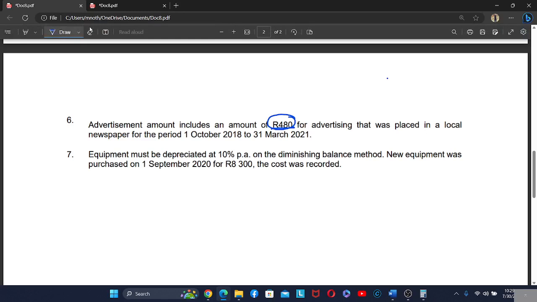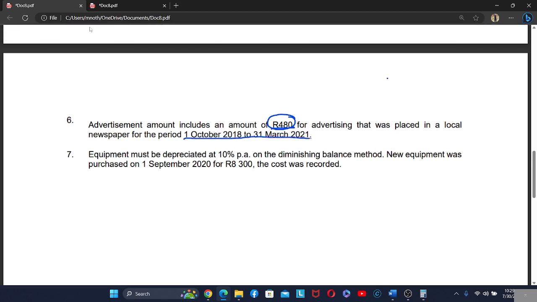For advertising that was placed in a local newspaper for the period of 1 October 2018 to 31 March 2021. So here you're supposed to say 2020. Actually, it's wrong. It's supposed to be 2020. For a period of 1 October 2020 to 31 March 2021.